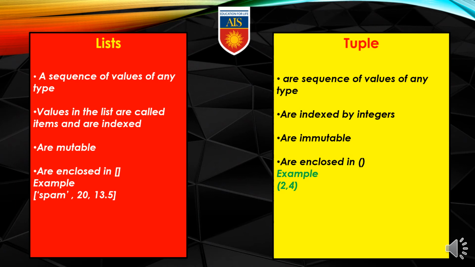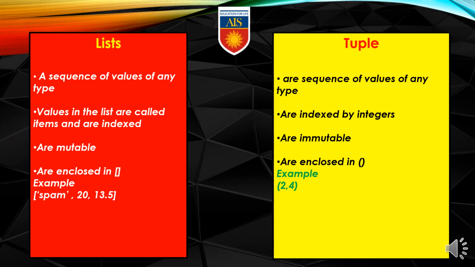In a list, the values are called items and are indexed; in a tuple they are indexed by integers. A list is mutable, a tuple is immutable. A list is enclosed with square brackets, whereas a tuple is enclosed with round brackets, also called parentheses.